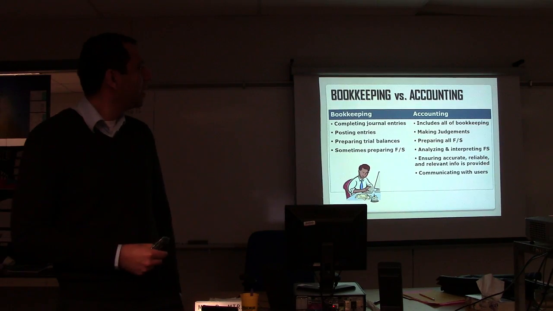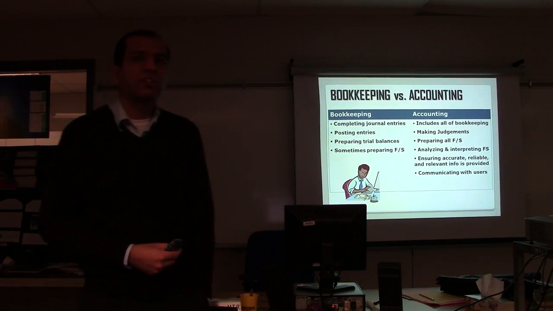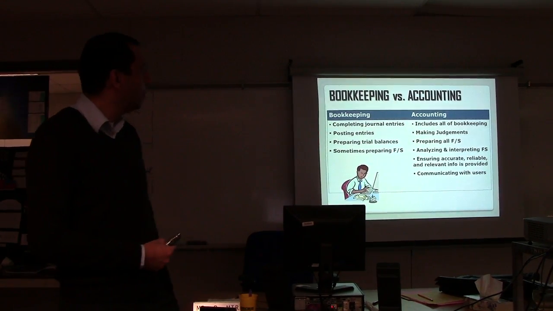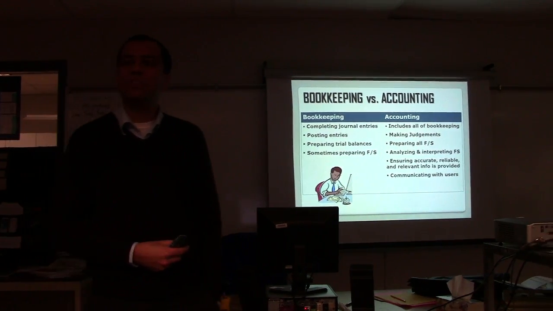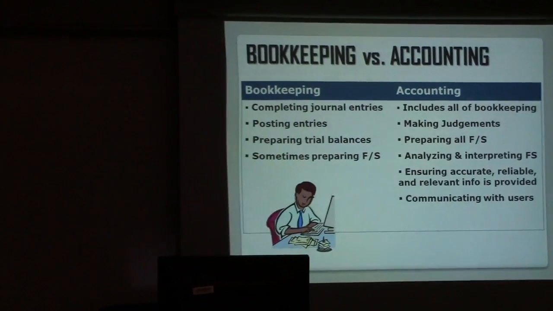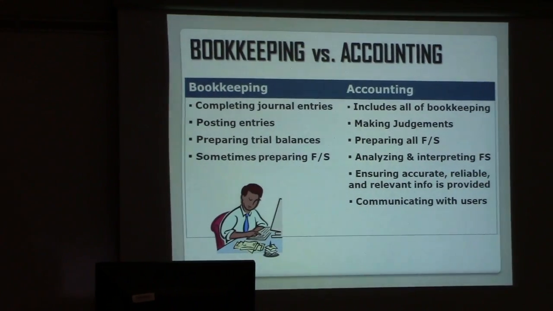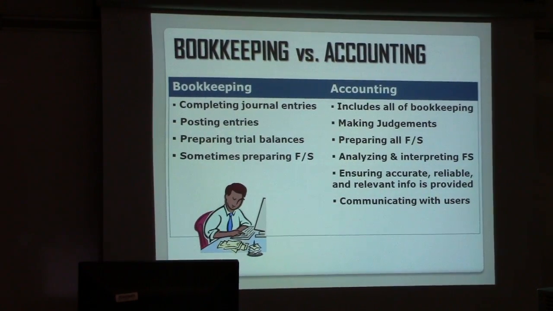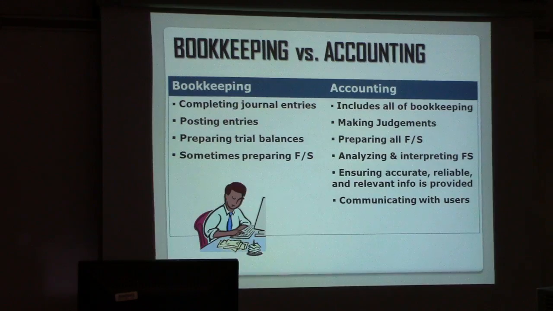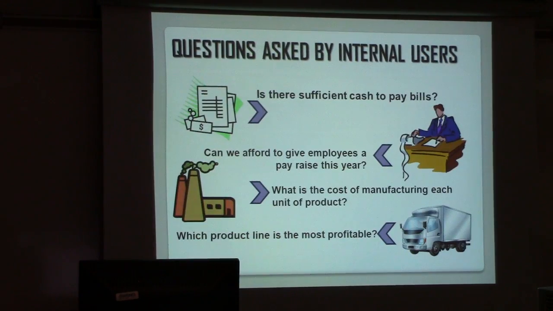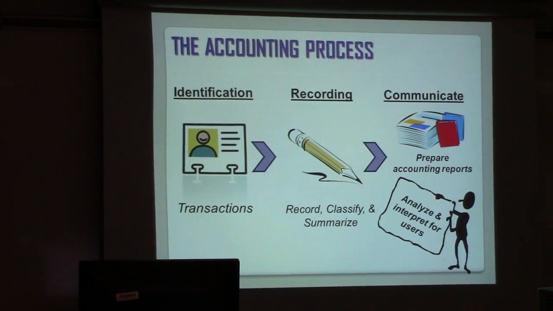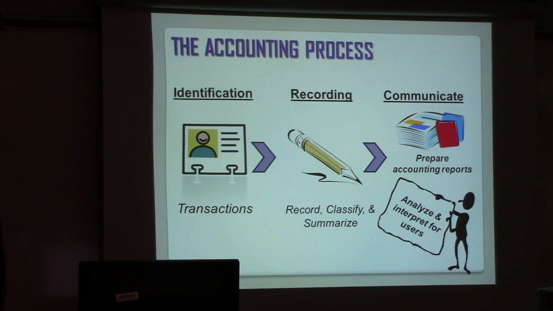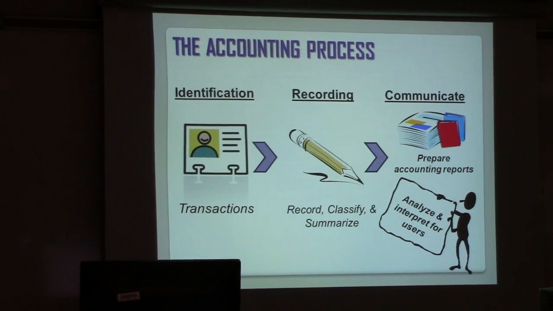Bookkeeping involves completing journal entries, posting those journal entries to the ledger, and preparing trial balances. This is all part of bookkeeping. So if you go back to the slide where we were talking about the accounting process, identification and recording is bookkeeping.